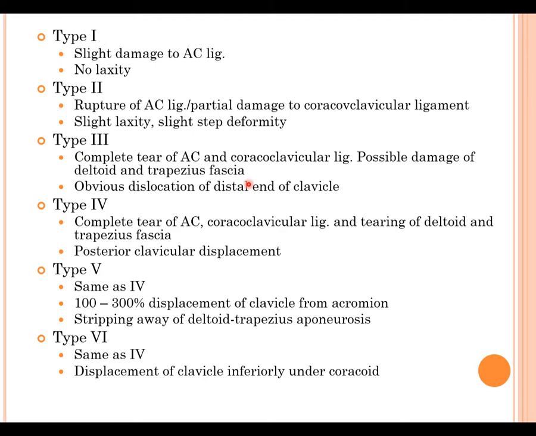There's also displacement involved, so not the displacement when I talk about it sticking up, but anterior, posterior displacement. Sometimes the clavicle can go underneath the coracoid process. That's bad news. So your 1, 2, and 3 is talking about how much ligament damage is involved. 4, 5, and 6 takes it even further than that and talks about other soft tissue damage and displacement. But what I care about is 1, 2, and 3.